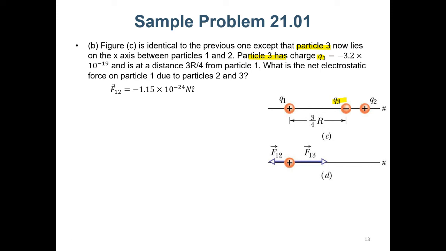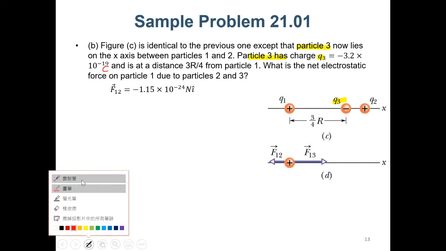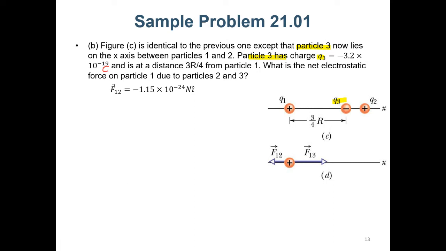Oh, I also missed a C here. At a distance 3r/4 from particle 1, what is the net electrostatic force on particle 1 due to particles 2 and 3? So just now we already know F12, so we can also calculate F13.